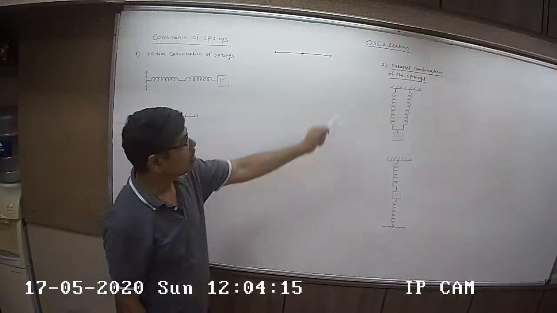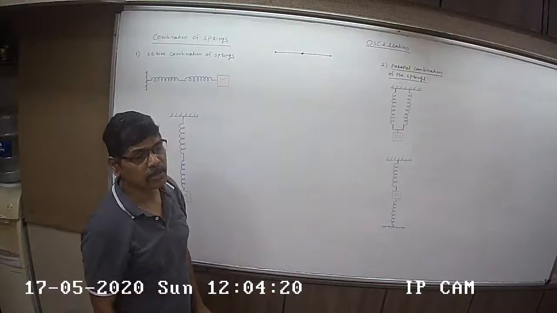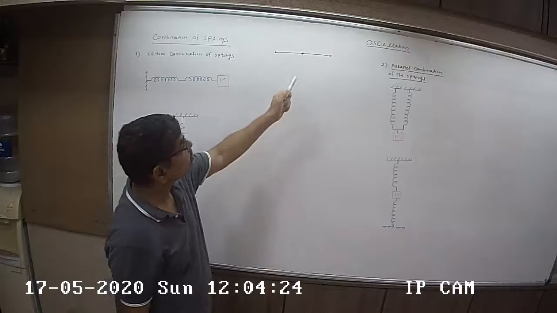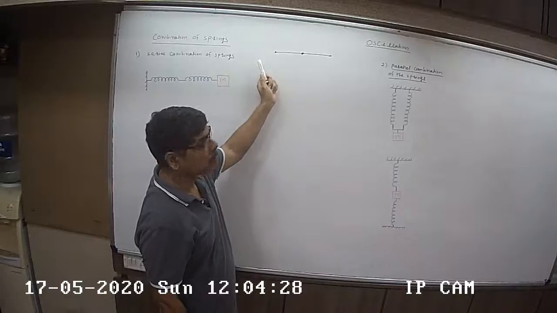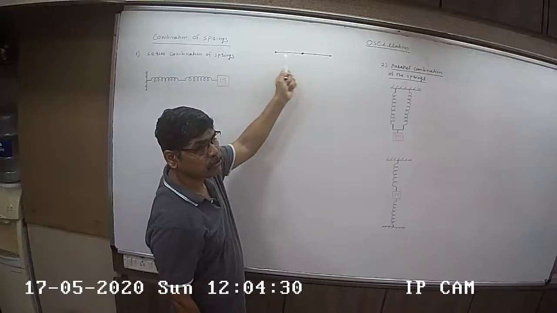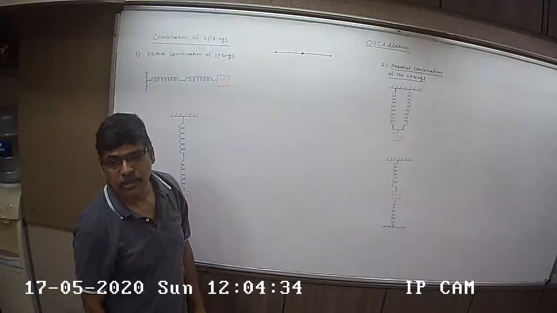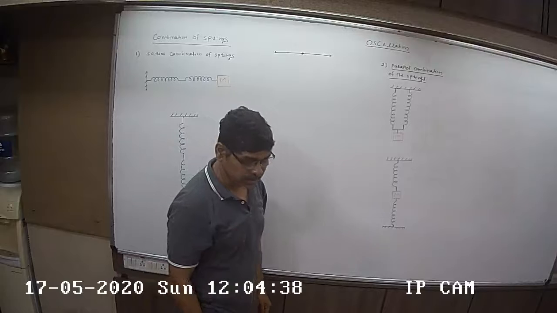If it starts from the right extreme, x is equal to a sin(omega t plus pi by 2), or x is equal to a cos omega t. From the left extreme, x is equal to a sin(omega t plus 3 pi by 2). If the particle starts from the mean position but moves towards the left, the value of alpha is pi. You will learn more about alpha in my next lecture.